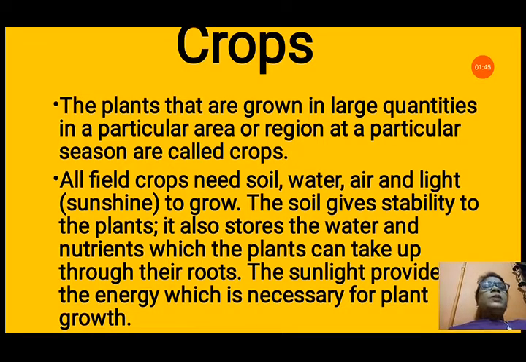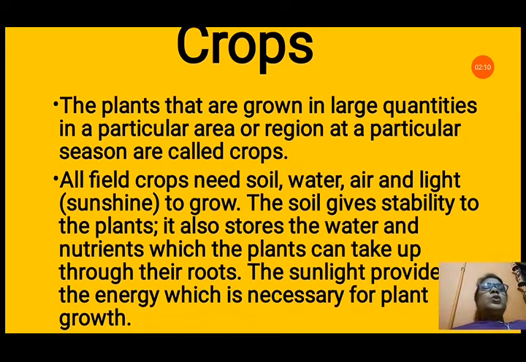All field crops need soil, water, air and sunshine to grow. That means sunlight is very important. You know that a seed needs air, water and sunlight to germinate. Without any of these three, plants or seeds cannot grow. Soil is also very important for the plant. The soil gives stability to the plants because the roots fix the plants into the soil.